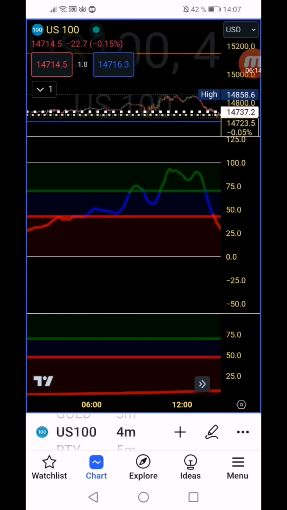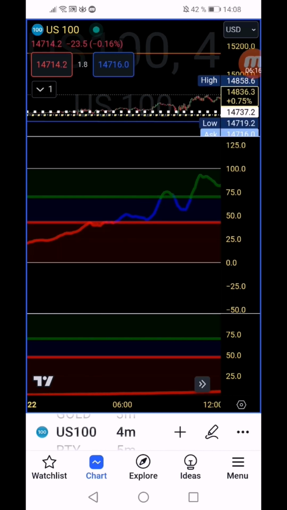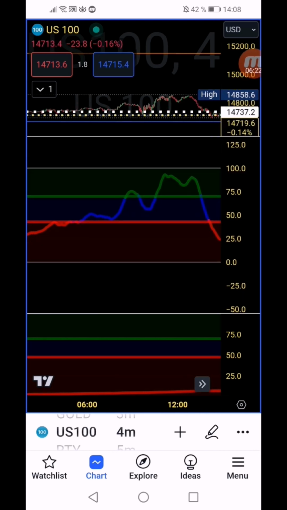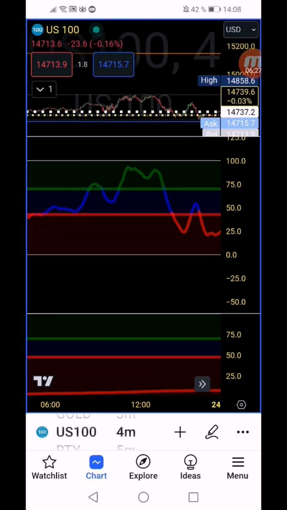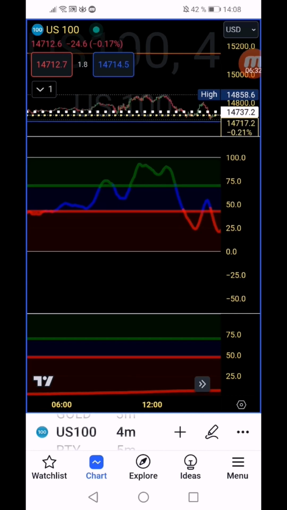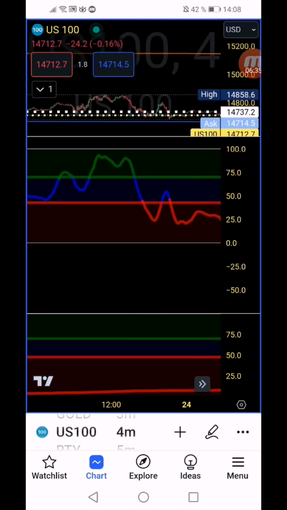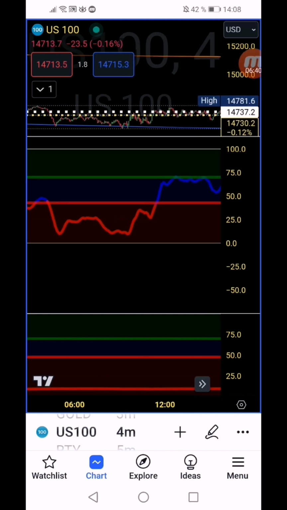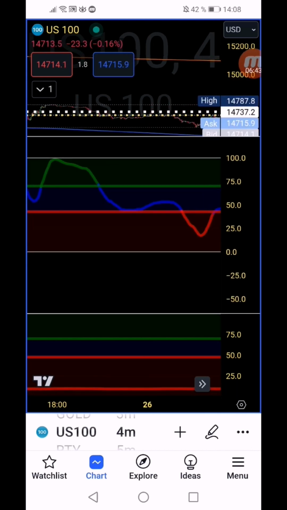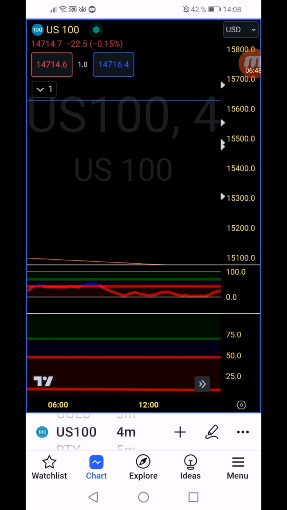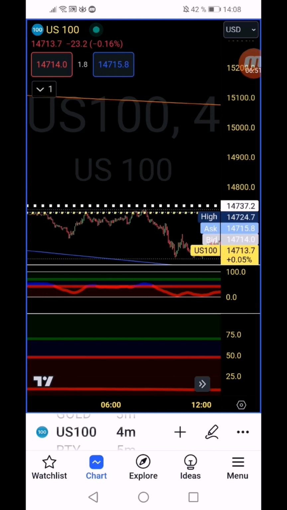And then what happened? A lot of people started to buy here. It's a buy trap. And then we got a new sell signal and we added at the price of 14,700. And you see here, then we close again 2, and then added another 2, taking profit. And then the market is going down to 14,400, right?